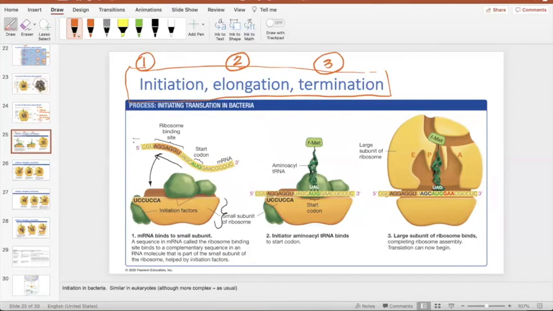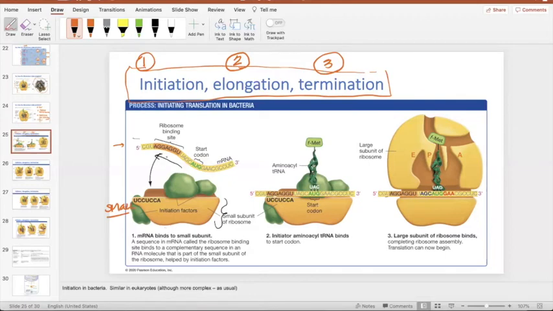So let's start out with this process of initiation. What happens in initiation is that the mRNA molecule comes along and it's going to bind to the small subunit of a ribosome. Now, how does that happen?